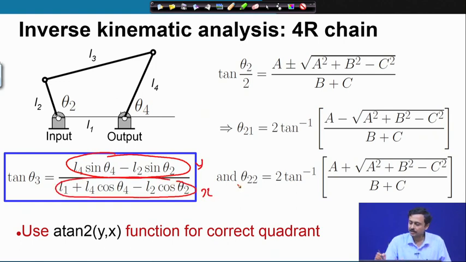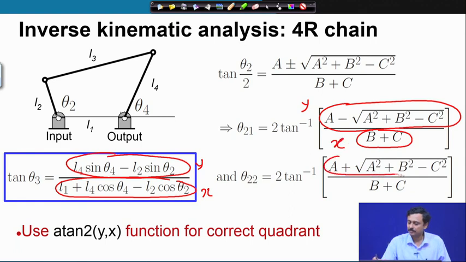This is x, here also this is y, this is x, this is y, this is x. In some implementations, this is reversed.